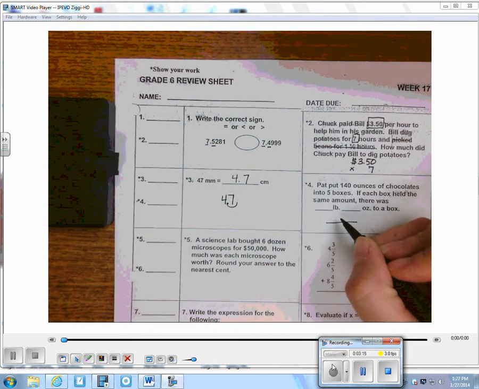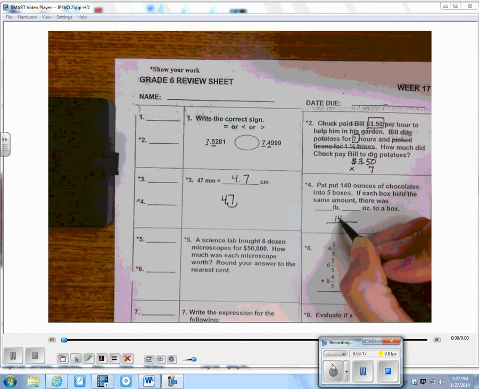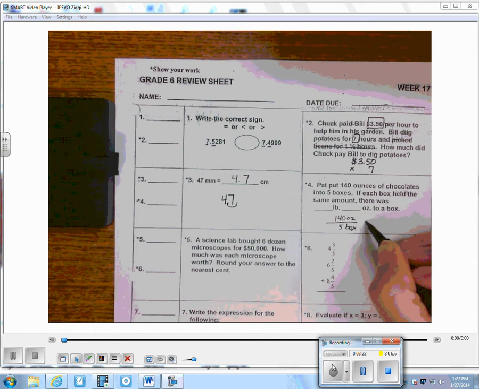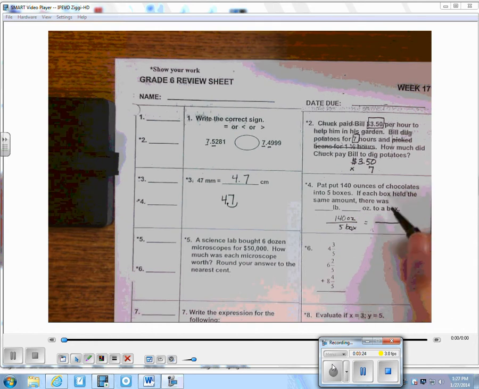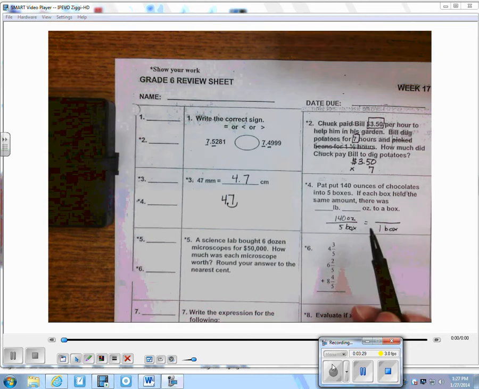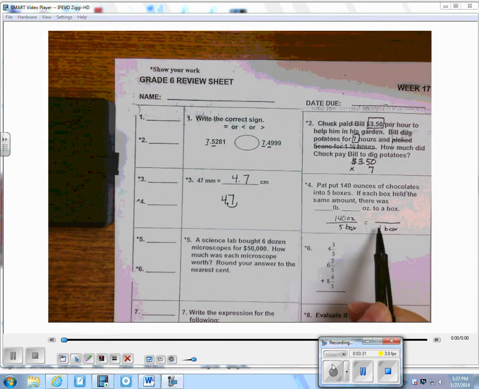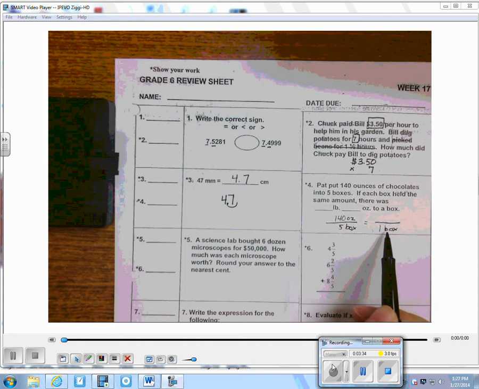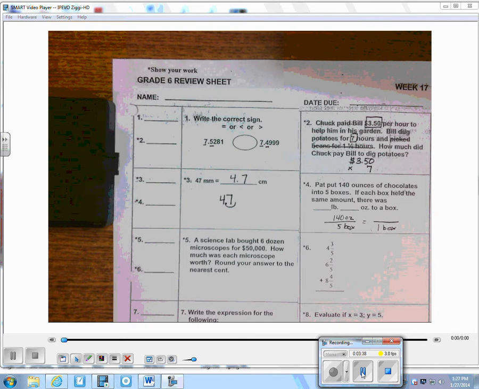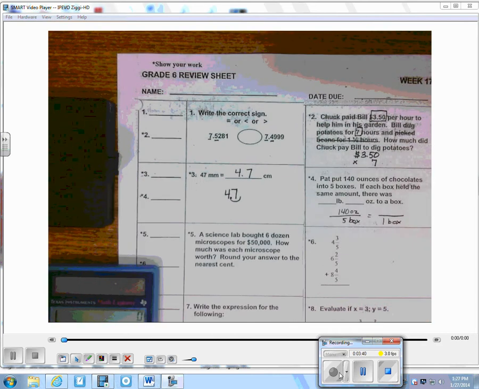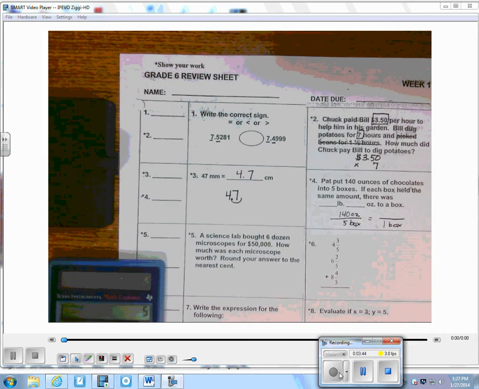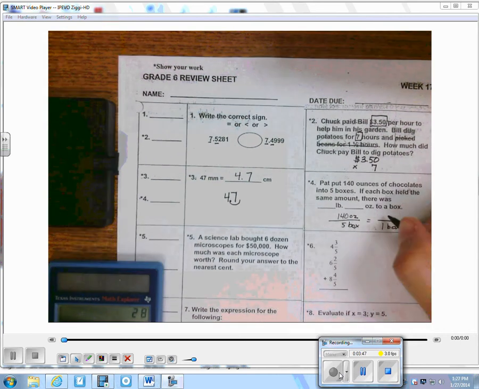If there are 140 ounces in 5 boxes, how many are there in one box? Okay, so we would need to do 140 times 1 is 140, and then 140 divided by 5. 140 divided by 5 is 28.